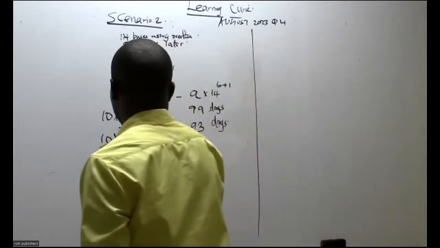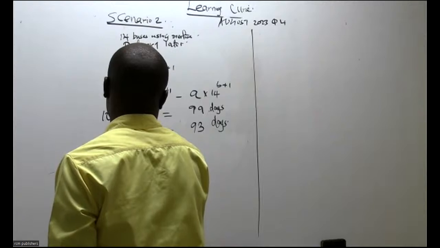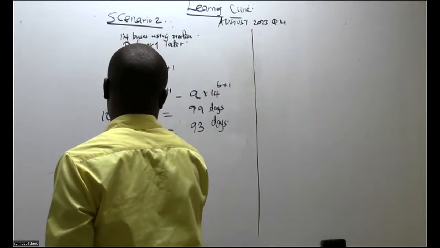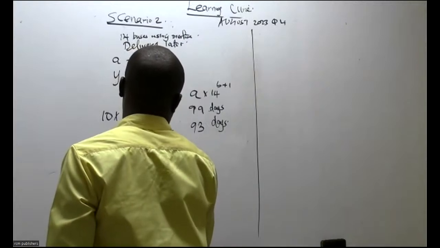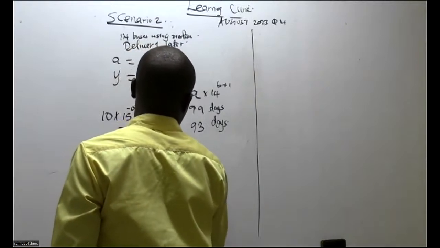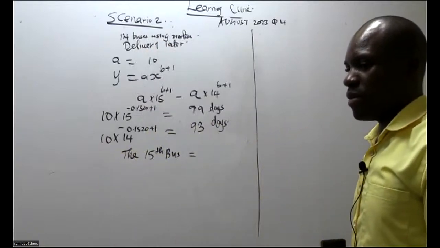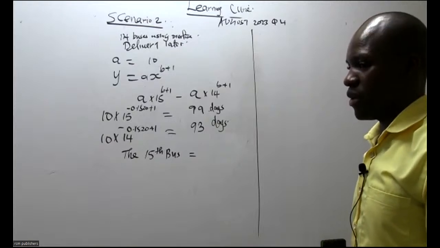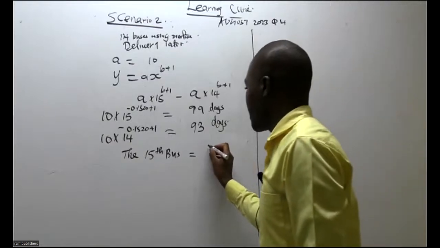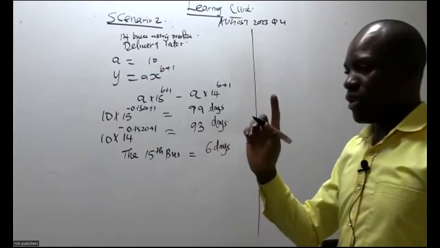So the bus to be delivered later is the 15th bus. How many days will it take to produce the 15th bus? It will take us 6 days. That's a new thing being introduced.